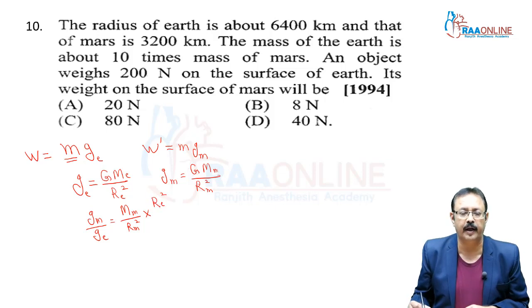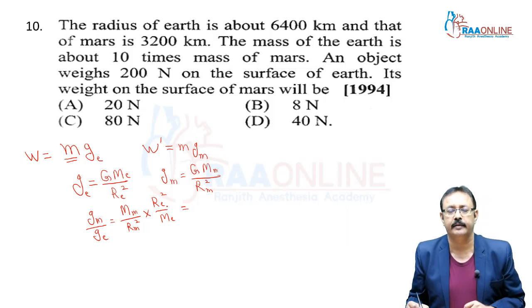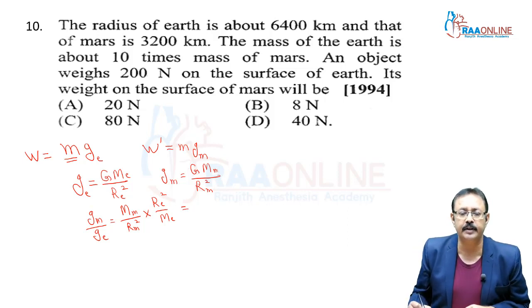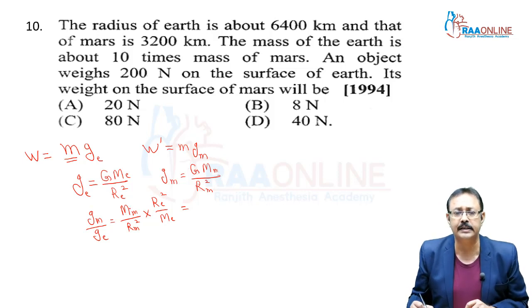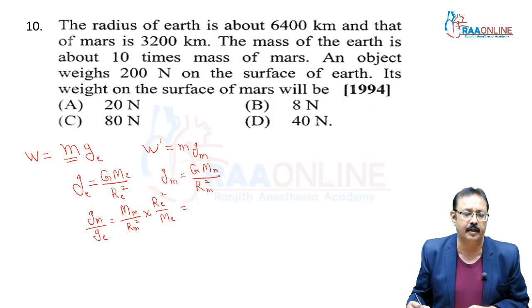Now what are they saying? The mass of Earth is 10 times that of Mars. I am taking the mass of Mars as Mm, so the mass of Earth should be 10 times of it. The radius of Earth is given as 6,400 kilometer.